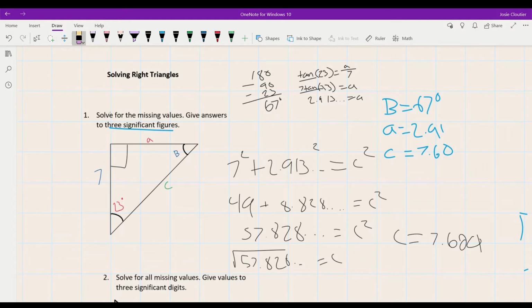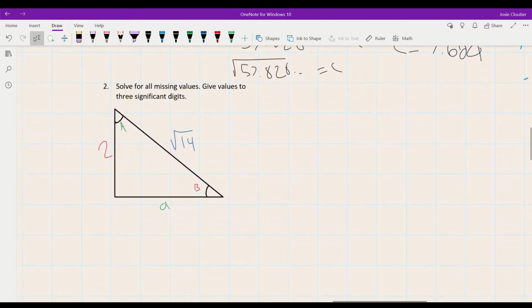Alright, let's move on to the next question. Solve for all missing values. Give values to 3 significant digits. Alright, so we're given 2 side lengths and no angles. So the first thing we can do is go ahead and solve for our missing side length using Pythagorean Theorem.